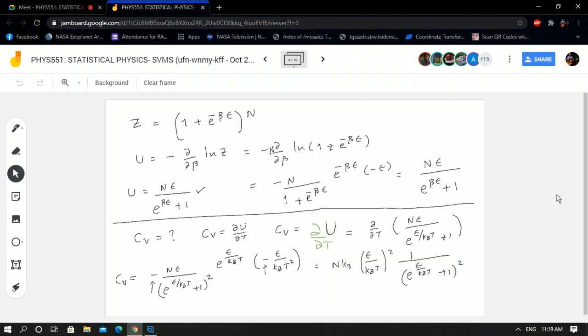As you can see, this is what we called the Schottky anomaly, the Schottky anomaly in spin systems when we studied.